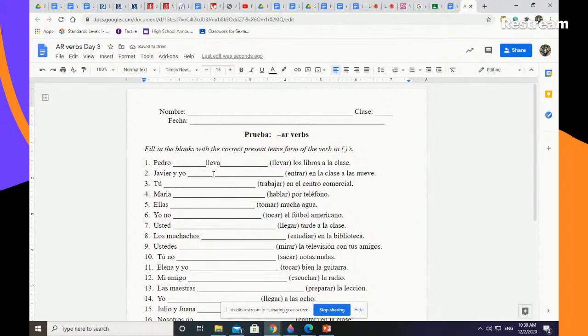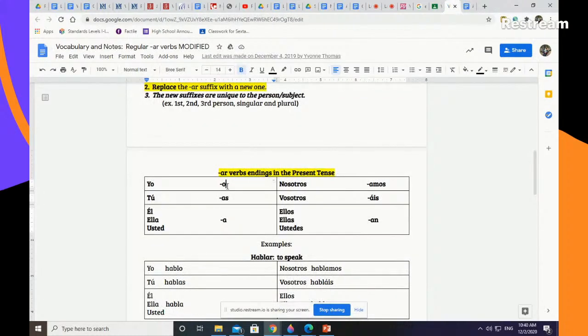Javier y yo entrar en la clase a las 9. So, Javier y yo. I need to take off AR, so entr. Now, I need to put on my new ending. I know that yo has an O ending, but that side of the chart is only for singles.